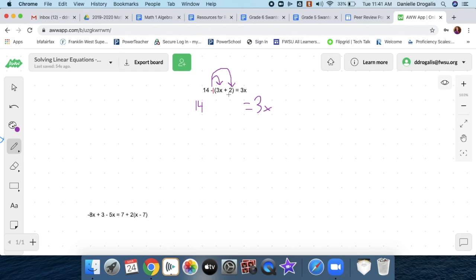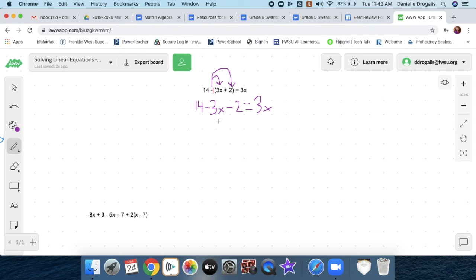And that's because in the math world, the definition of opposites is they add to 0. So either way you think about it, as long as you're thinking about it along those terms, then you're going to be okay. So a negative 1 times a 3x will get me a negative 3x. And then again, the second arrow, don't forget it, a negative 1 times a positive 2 should get me a negative 2. So there, we've expanded.